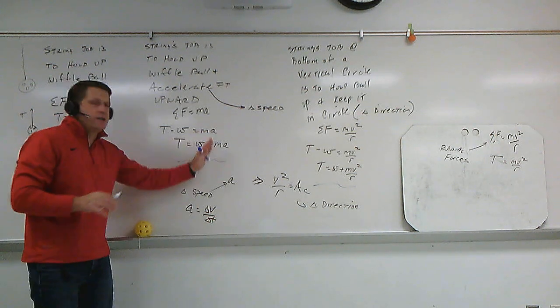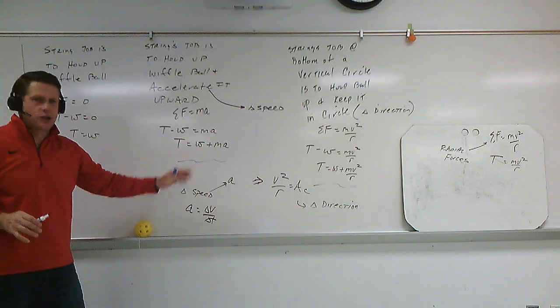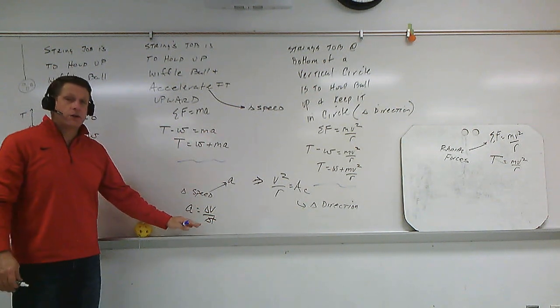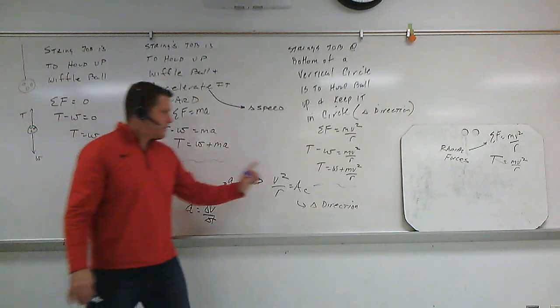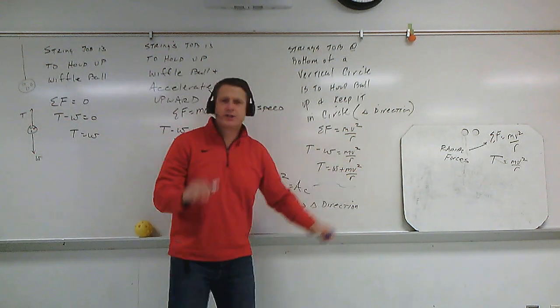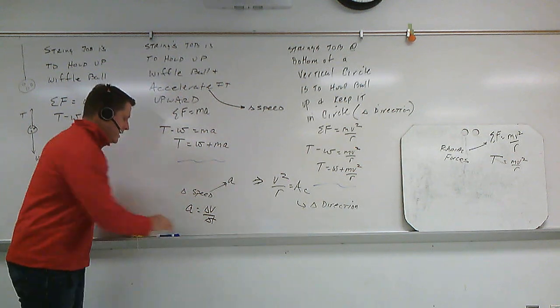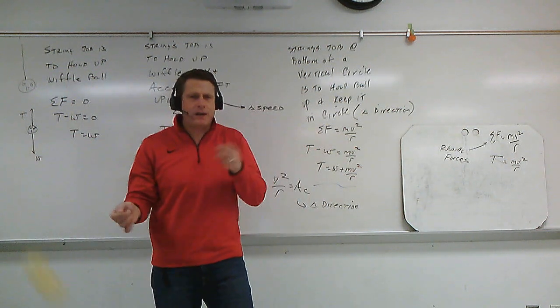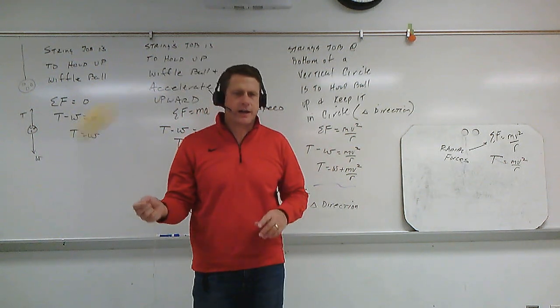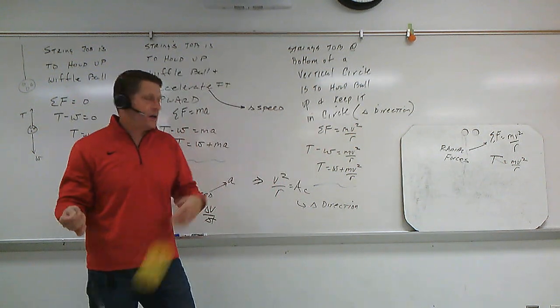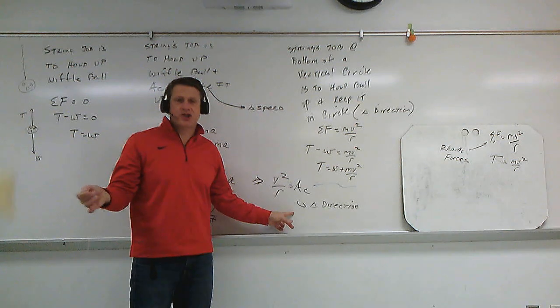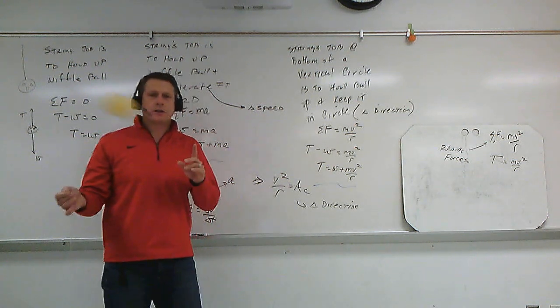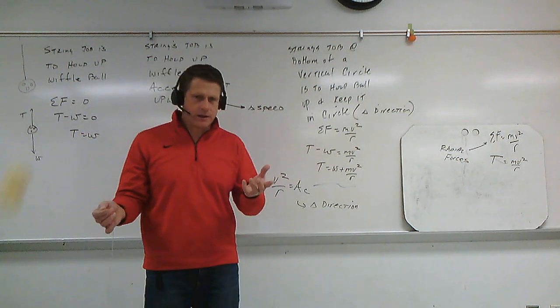If I'm changing the number, this is a linear acceleration. Notice over here, this is just simply a velocity. In other words, this object is accelerating even if its speed around the circle is staying the same. Why is it accelerating? Well, because it's constantly changing its direction. It's undergoing a centripetal acceleration.